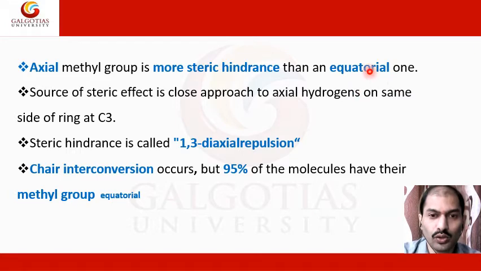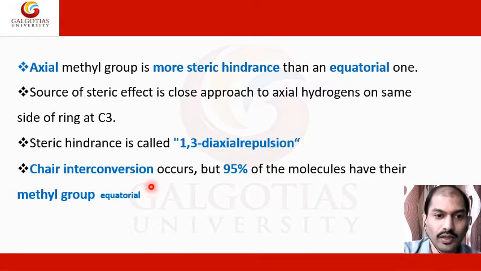There is no interaction like the 1,3 interaction in the case of the axial methyl group. The source of the steric effect is close approach to the axial hydrogen on the same side of the ring at the C3 carbon. This steric hindrance is called 1,3 diaxial repulsion. Due to this diaxial repulsion, this gives instability to that particular conformer of the cyclohexane.